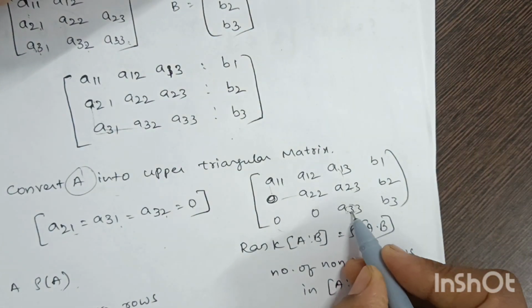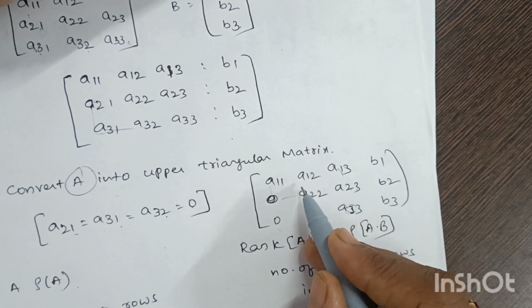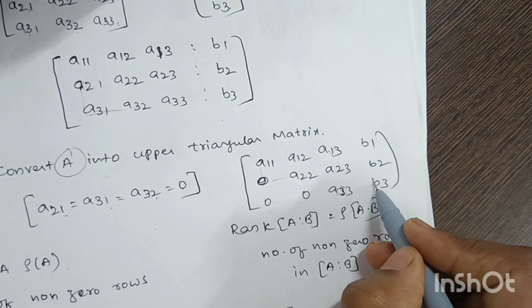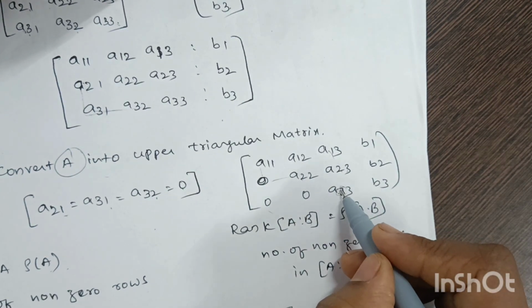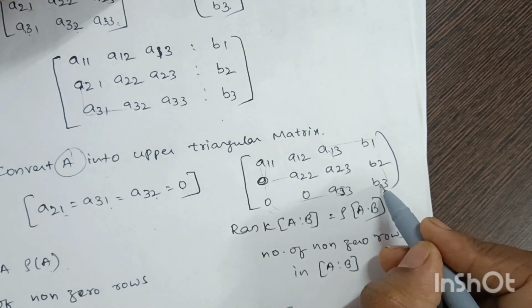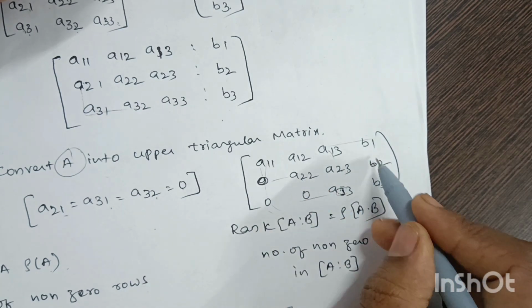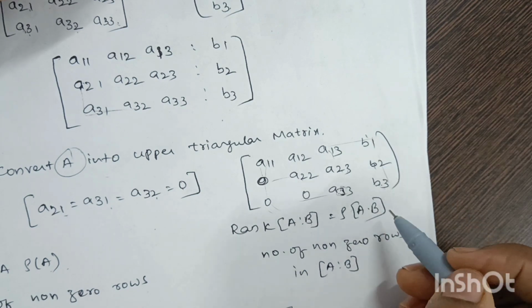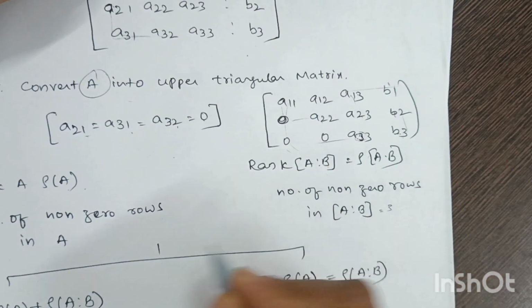If we get 0 here, the rank of A should be 2. And if here we get some number, non-zero, then the number of non-zero rows is 3. So here we will get 3 and here we will get 2.